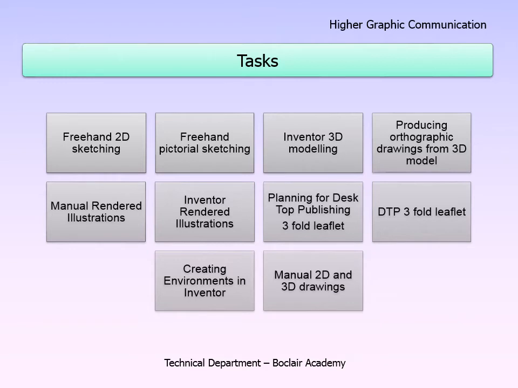Manual rendered illustrations, so that's done by maybe pencil or by marker pen. Inventor rendered illustrations, planning for desktop publishing, a threefold leaflet, and then actually creating the threefold leaflet on DTP, creating environments in Inventor, and then obviously rendering the environment, and you've got manual 2D and 3D drawings, so on a drawing board. So these are all the main tasks.